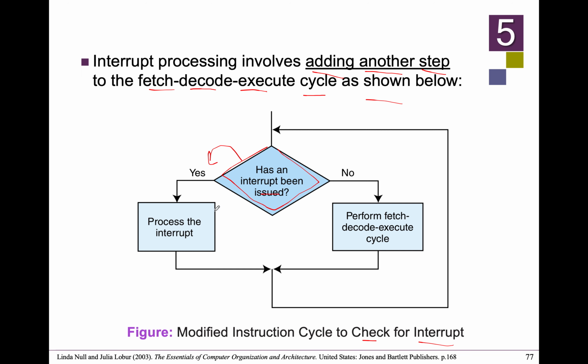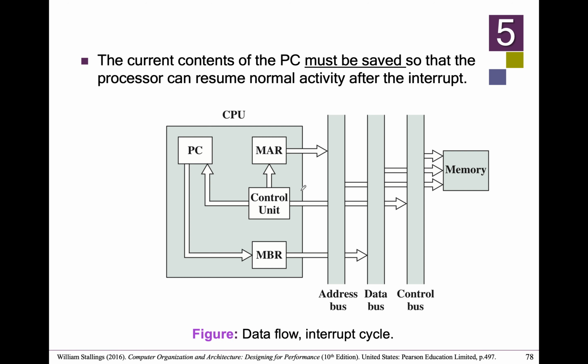If yes, you're going to process the interrupt. If no, you perform the fetch, decode, execute cycle. This is what you need to do before you proceed to your loop or your next instructions. So this is an option in the normal cycle when you add the interrupt check to the instruction cycle.